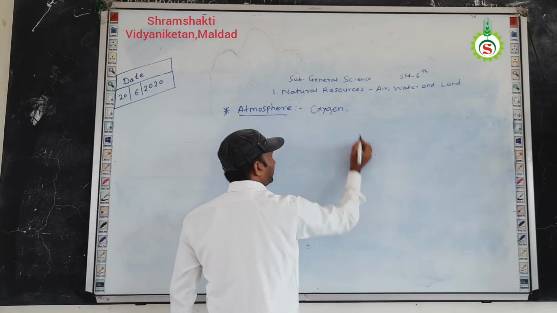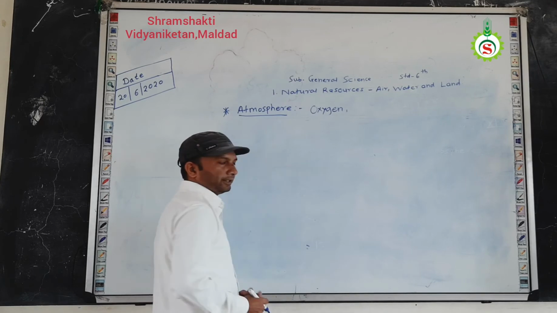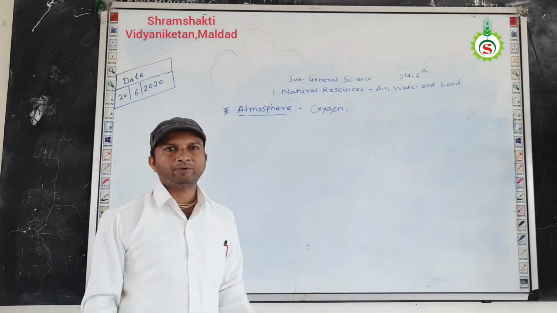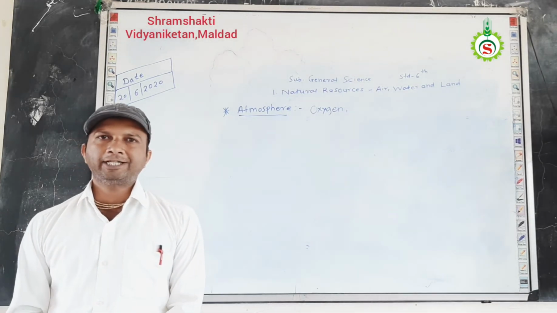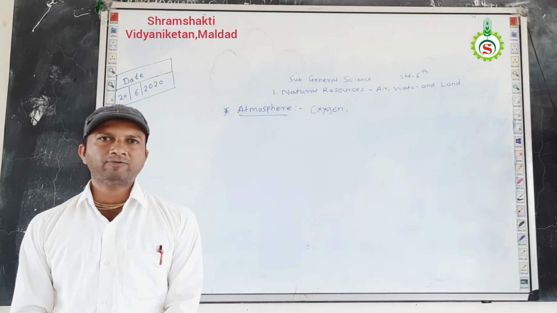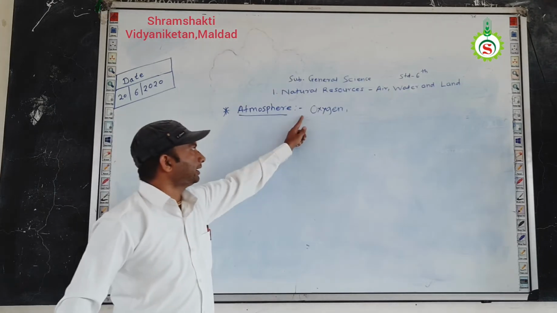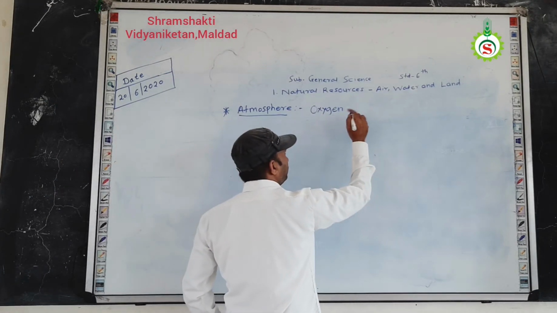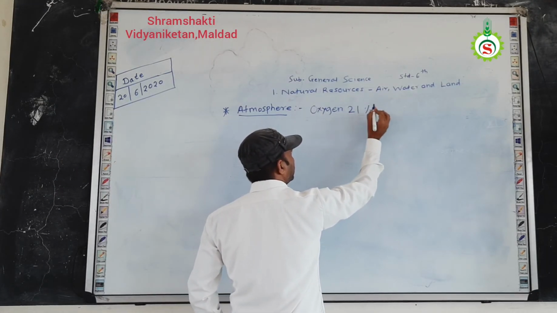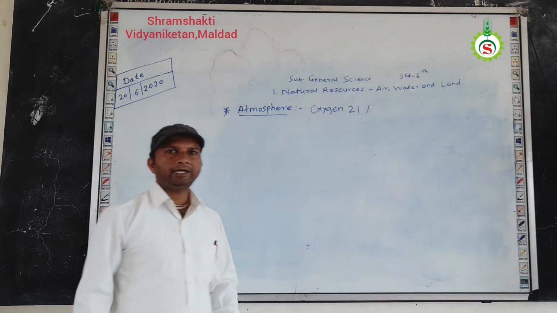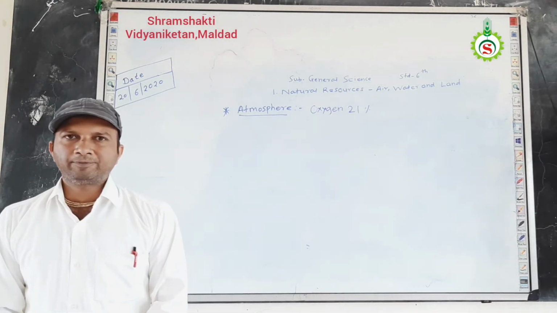First, the most important gas in the atmosphere is oxygen. Why is it important? Because for the respiration or survival of each and every living thing we require oxygen, and it is about 21% of total air in the atmosphere.